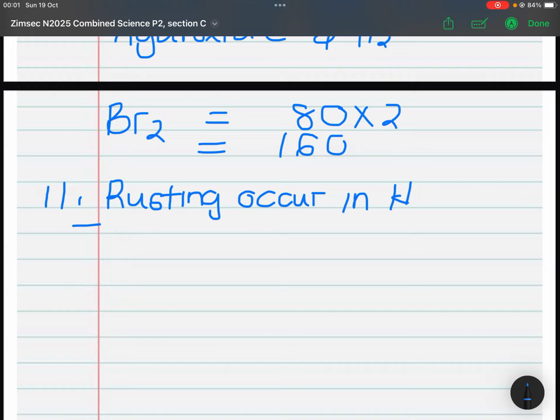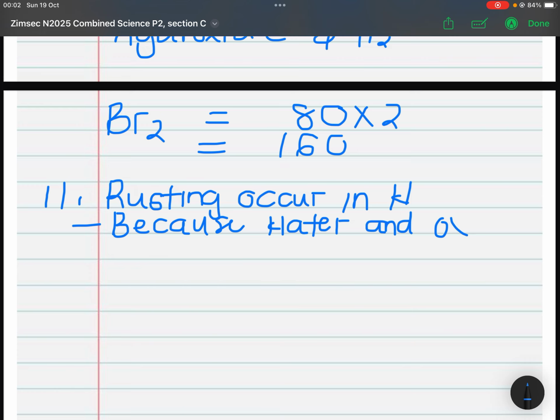This is because water and oxygen are present. These are the conditions that are needed for rusting to occur.